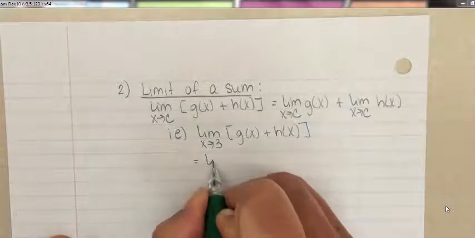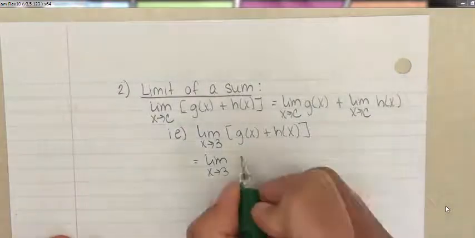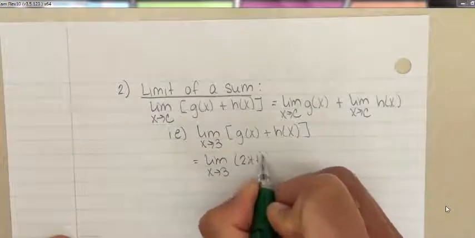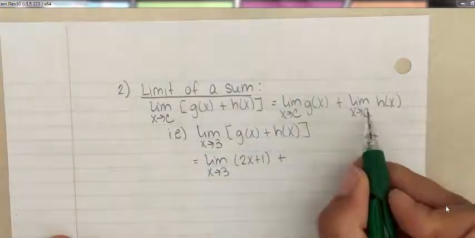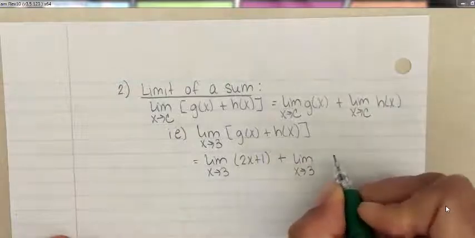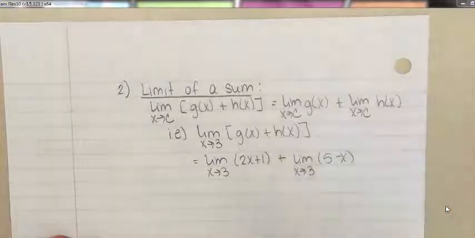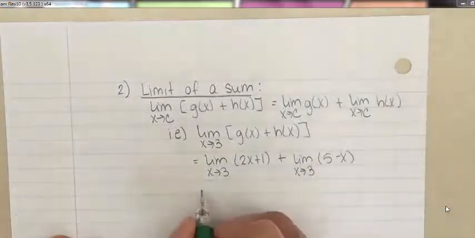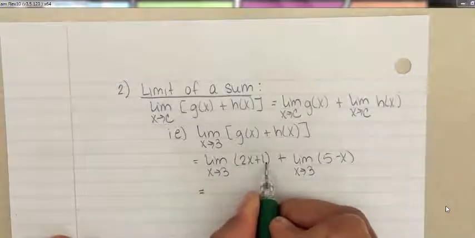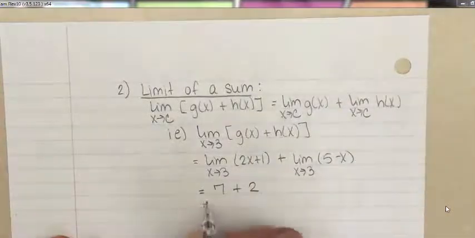So this would be the same as the limit as x goes to 3, and g of x we said was 2x plus 1, plus the limit as x goes to 3 of h of x, and we said h of x was 5 minus x. And now I just substitute in. So again, this is going to give me 7 plus 2, and I end up with 9.